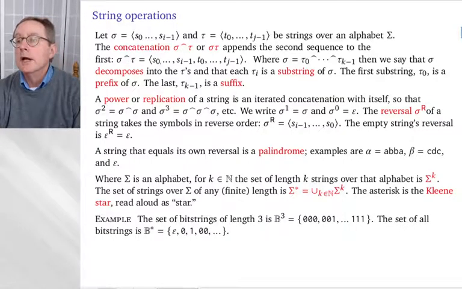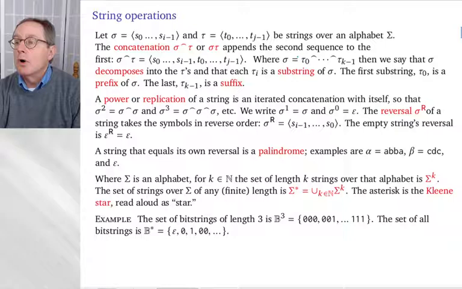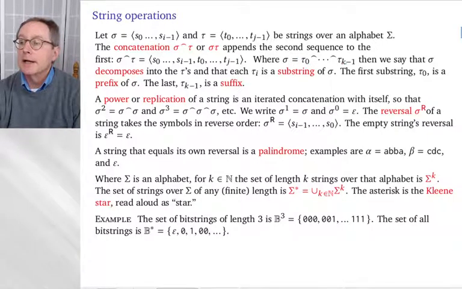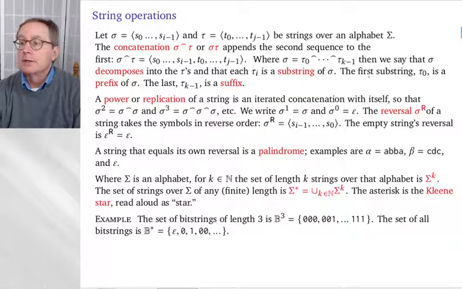I often do that. And you just simply put the characters of the first, comma, and the characters of the second. That's just that straightforward. So if you have sigma and you decompose it into a concatenation of things, then you say that each tau i is a substring of sigma. The first substring is called the prefix, and the last substring is called the suffix.